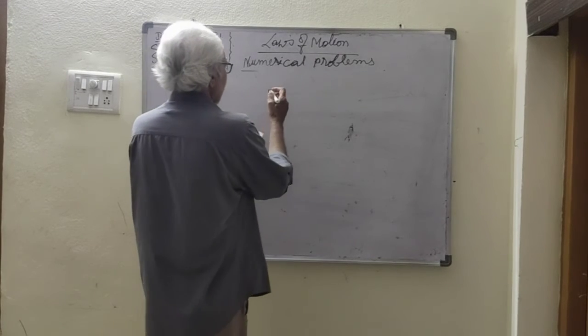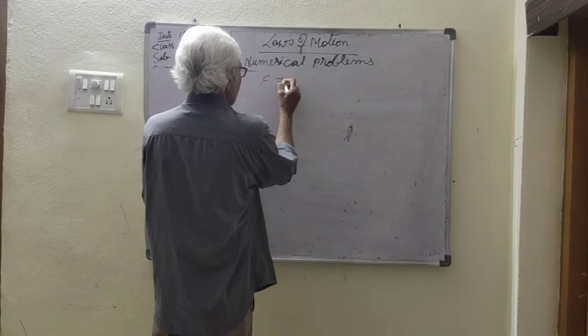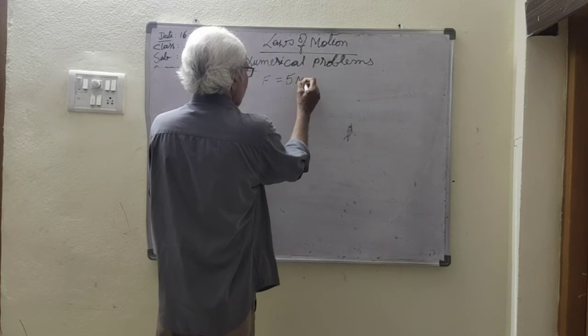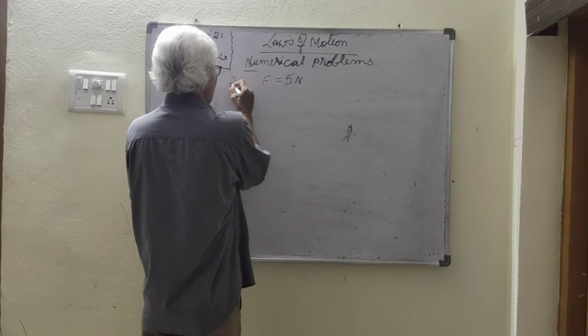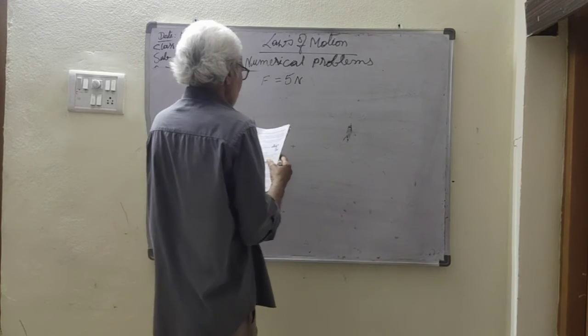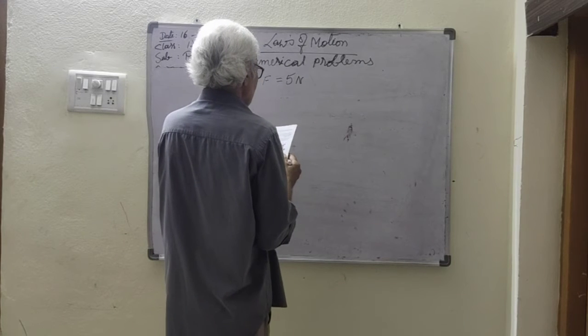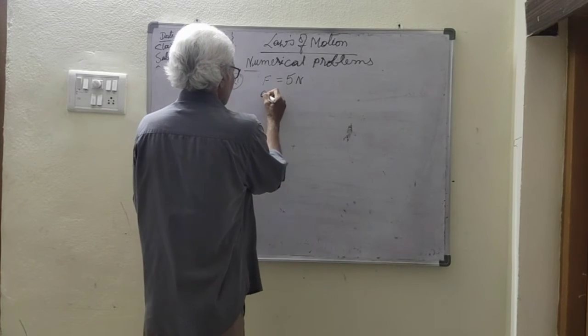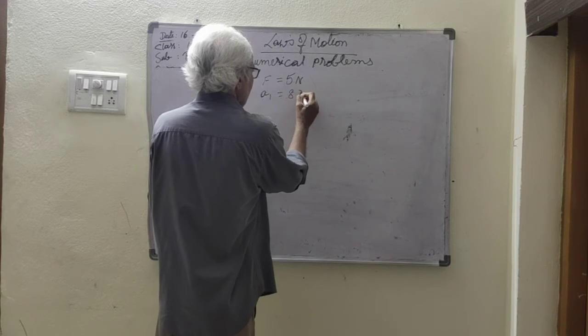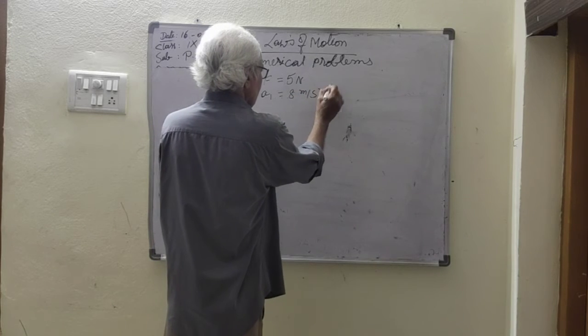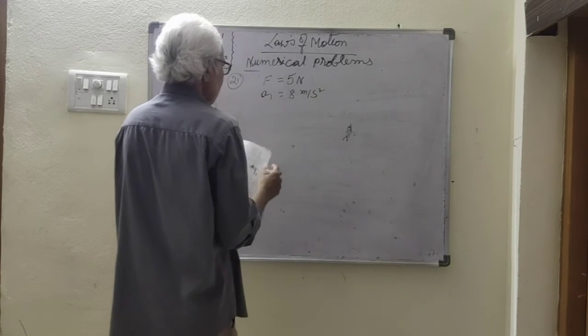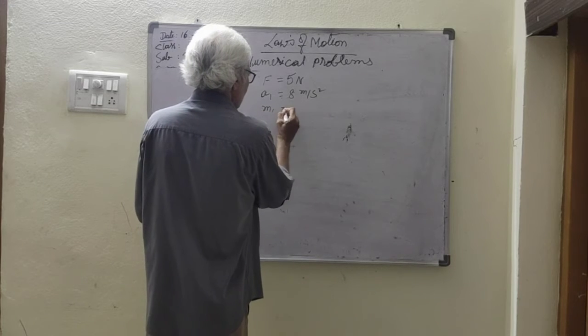So force applied F is equal to 5 Newton. Problem number 21. Acceleration A1 is 8 meters per second squared, mass m1.